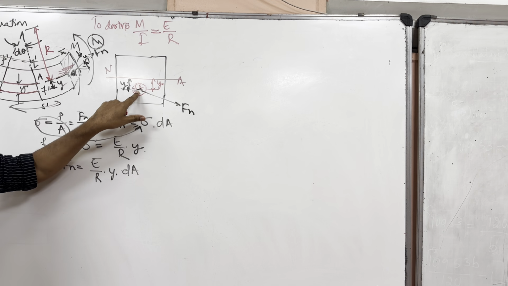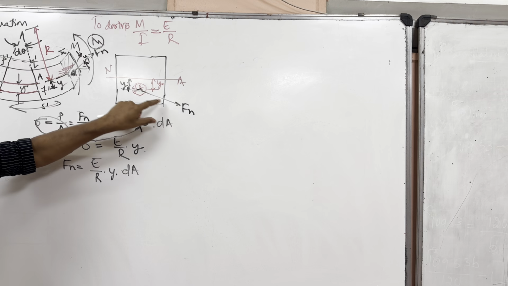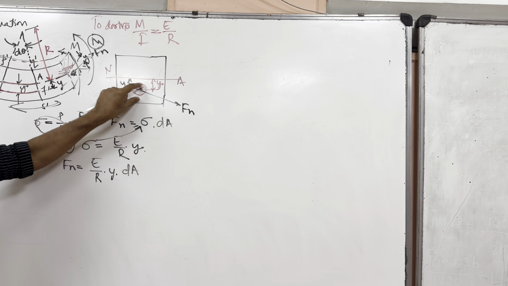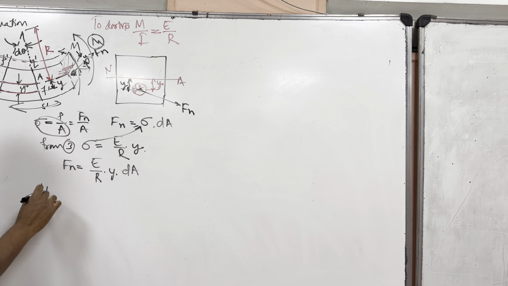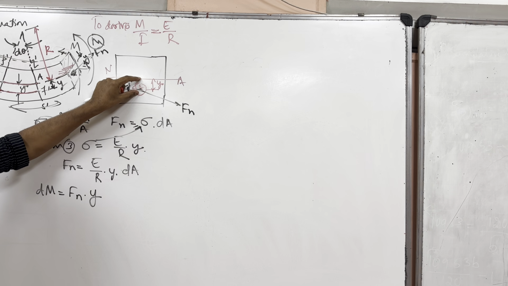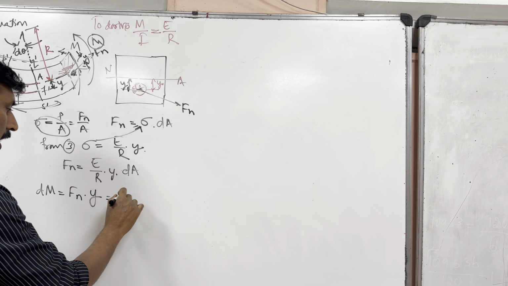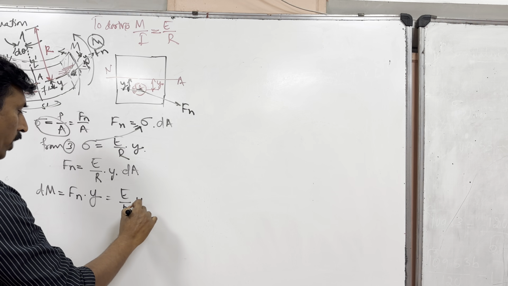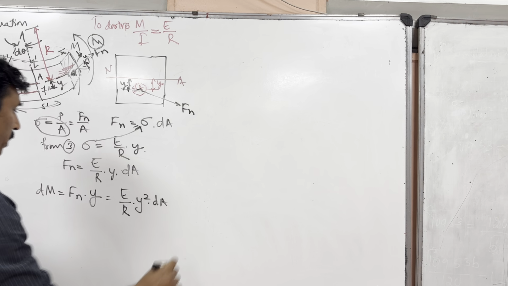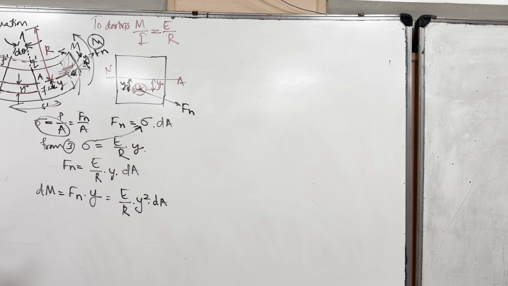So, the differential moment created by this Fn force on this elemental area dA can be called as dm, which is equal to Fn into y, where Fn is the normal force from this element and y is the distance, because moment is force into distance. So I will substitute this here. This becomes E by R into y square dA. So I got this elemental moment due to this small element.